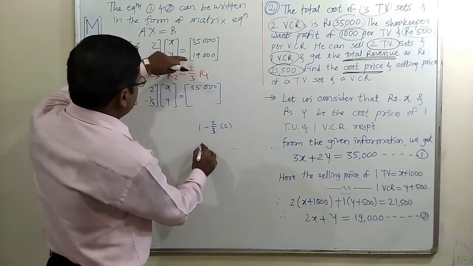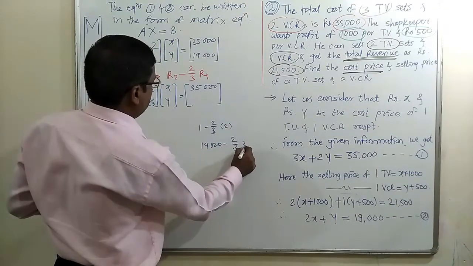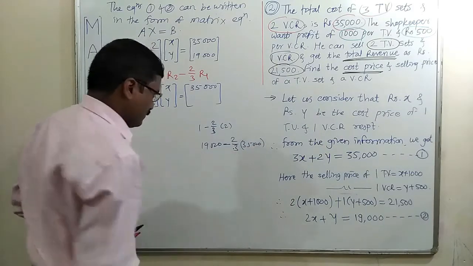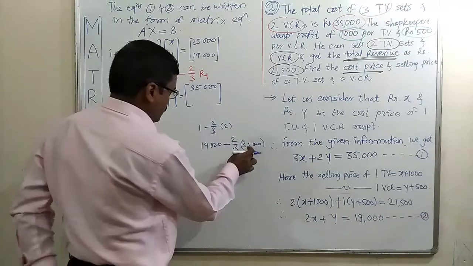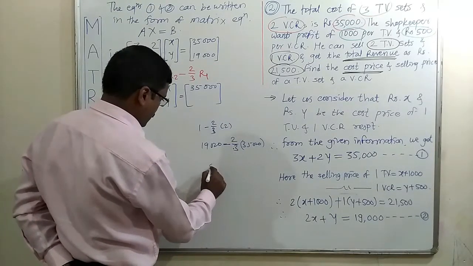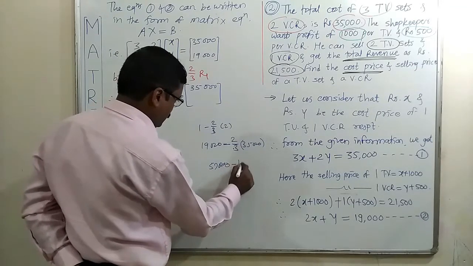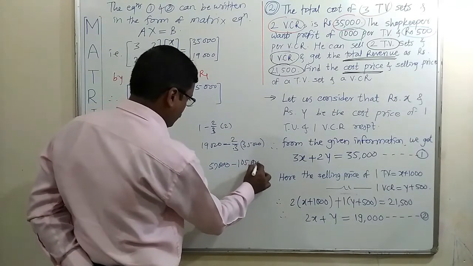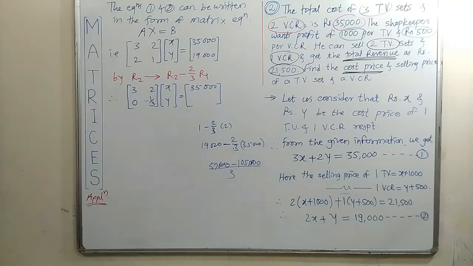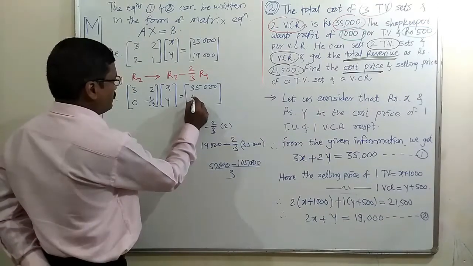Here now 19,000 minus 2/3 of 35,000. What will be this? 35 times 2 is 70, and this is 57,000 minus this 70,000 upon 3.